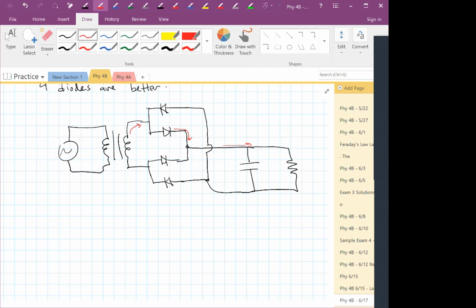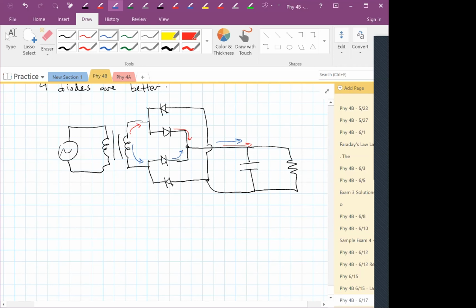And then the AC source flips. I'll use blue. It flips and it sends the current out this side. Well, when the current goes out this side, it goes this way and it goes this way. So the current always leaves through that side. It's always going the same way. It doesn't matter which cycle it's on.